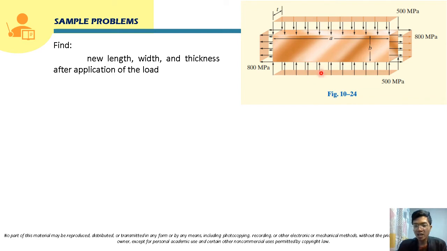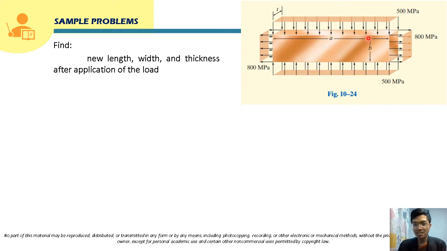Since there is no given reference axis here, let's say that this direction is the x direction or x-axis, and let's say that this is the y direction, and this is the z direction. So along this length A, this is the x direction.